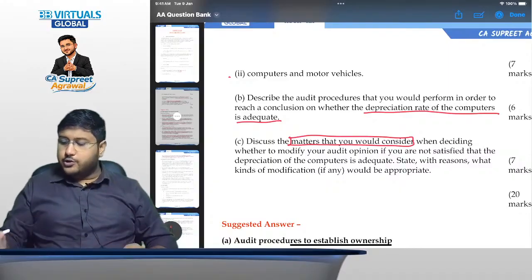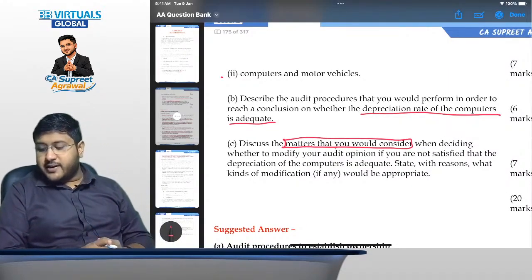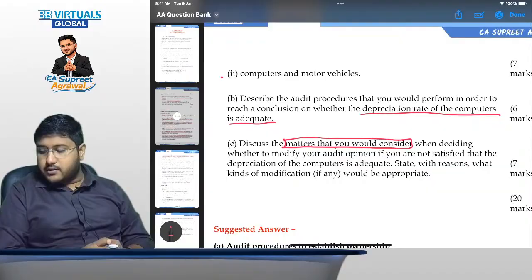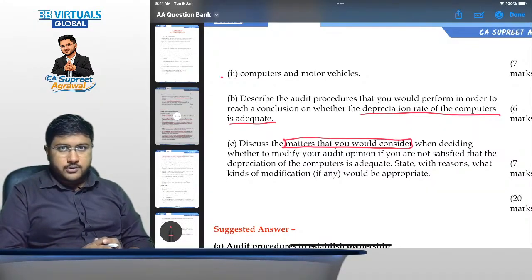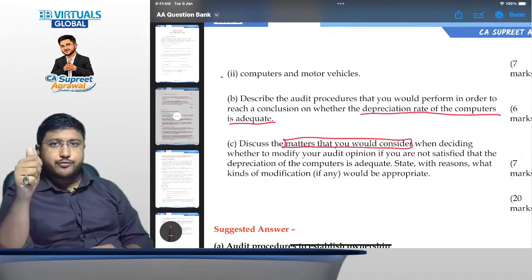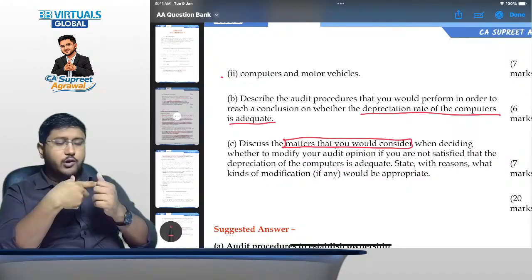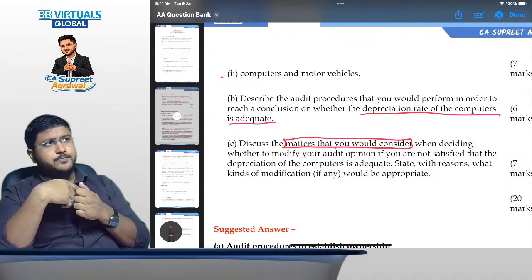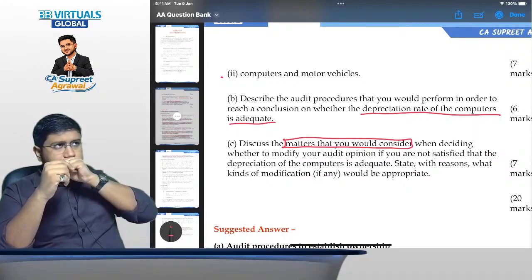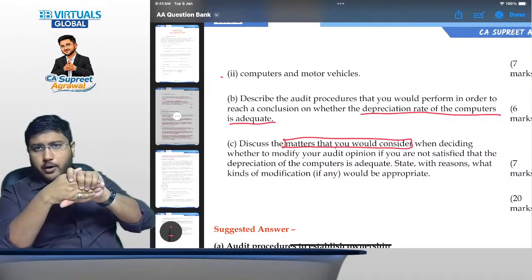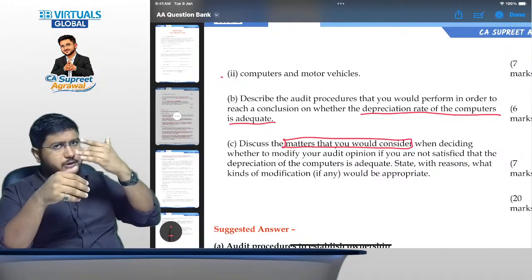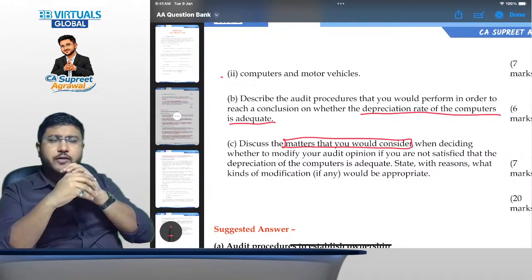Yes, hope it's done. So when we discuss the audit procedures required to reach a conclusion on whether the depreciation rate of the computers is adequate or not, we have to apply that ICAI ORR again. What will we inspect? We will inspect the invoices or the amount generated on sale of any particular asset.